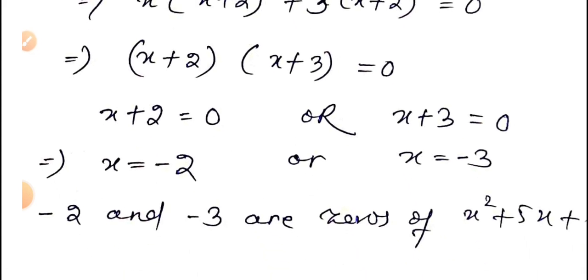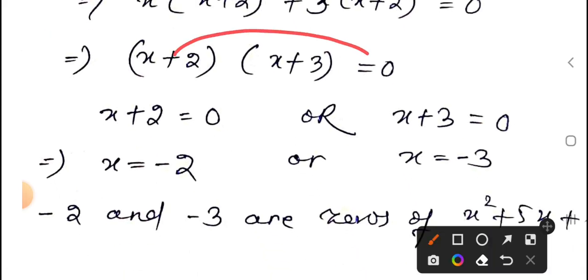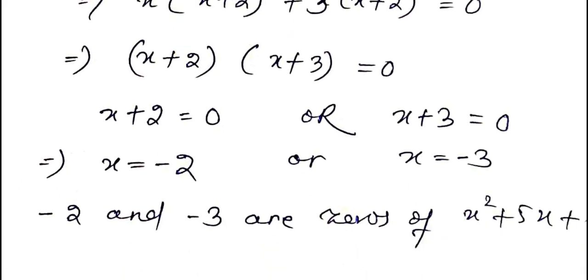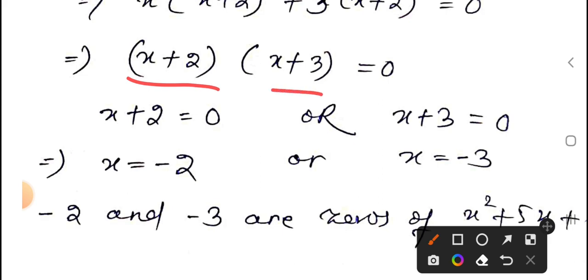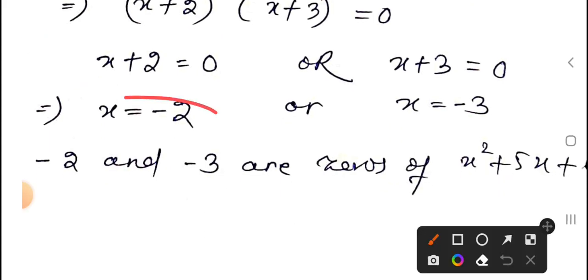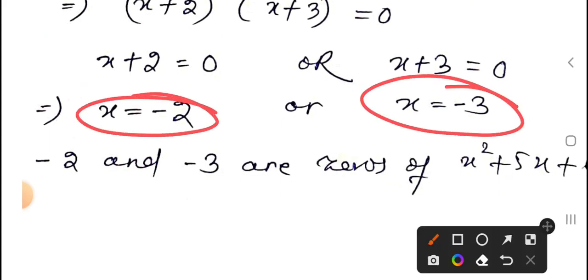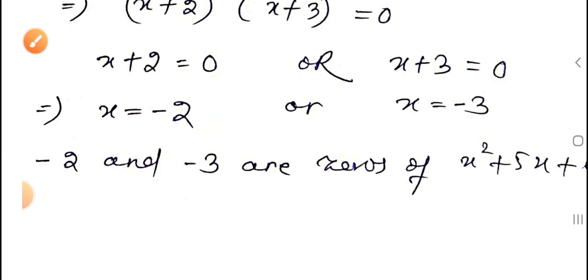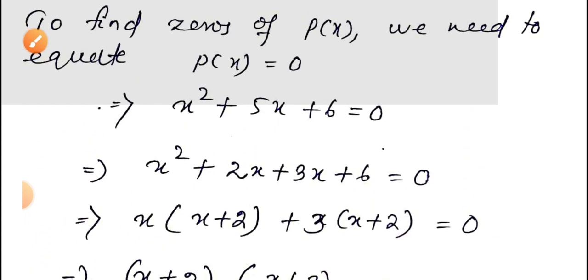On the last stage, you will equate the factors x plus 2 and x plus 3 to 0. We can say that either x plus 2 is 0 or x plus 3 is 0 or both are 0. So from x plus 2 equal to 0 you will get x equal to minus 2, and from x plus 3 equal to 0 you will get x equal to minus 3. That means x equal to minus 2 and x equal to minus 3 are the two solutions of this quadratic equation.